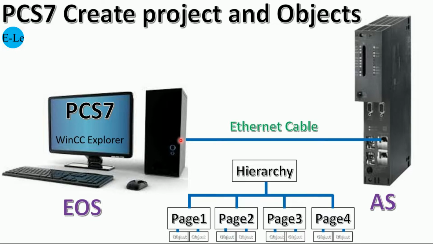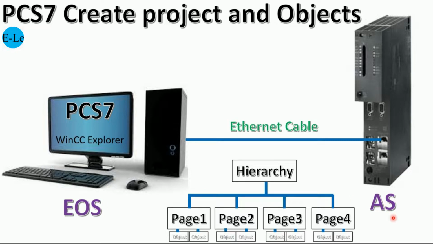Okay, so here are the WinCC Explorer and PCS7 that I already installed on my PC, and here is the engineering or operating system. We can call it the engineering computer, or the operating system computer, or operator computer.